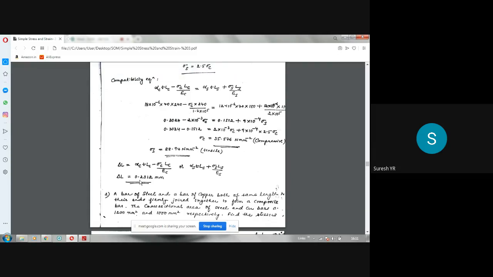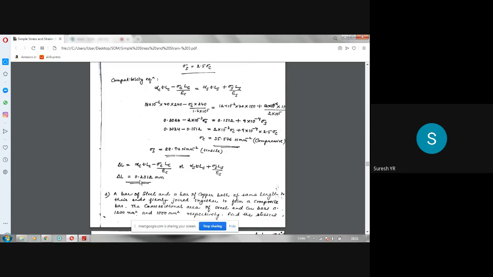Normally the values are expressed to a minimum of 3 decimals, because deformations and strains are very small values. It is better to express up to 3 digits after the decimal point. So here I have given 4 digits, 0.2312 mm.